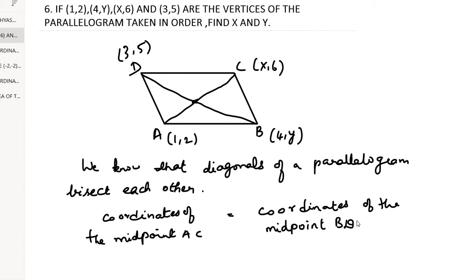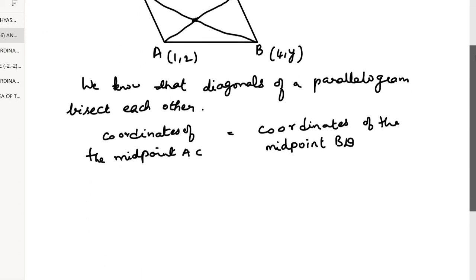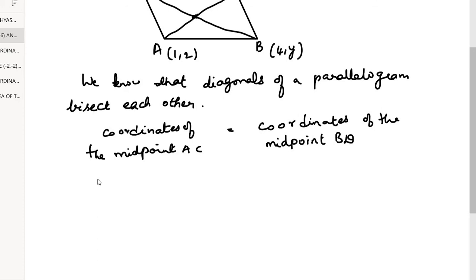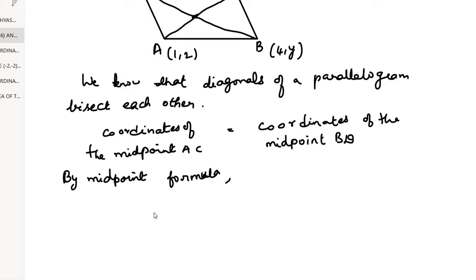Both are equal. Then by the midpoint formula, we know that (x1 plus x2) by 2, (y1 plus y2) by 2. Using this, we can find the midpoints.